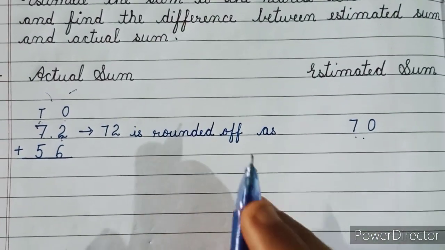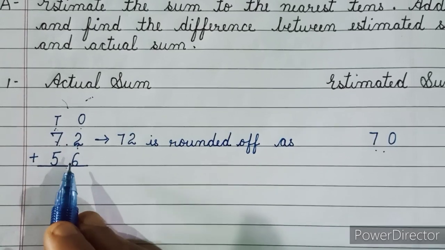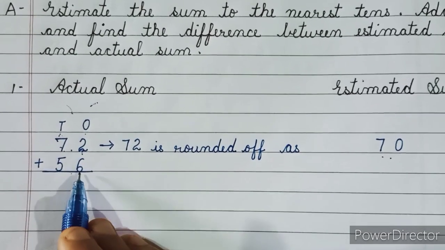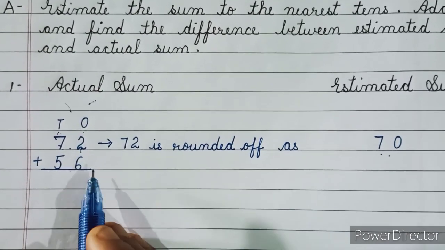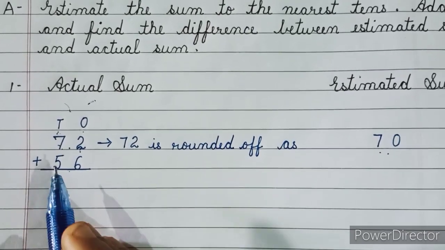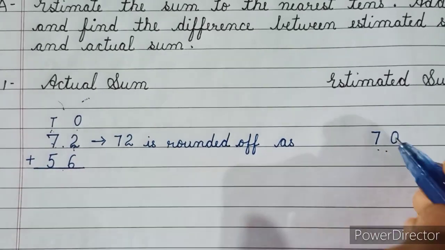Okay. Now the next number is 56. At the ones place is written 6. So 6 is more than 5. Then at the tens place we will increase one number. Okay. So it became 6.